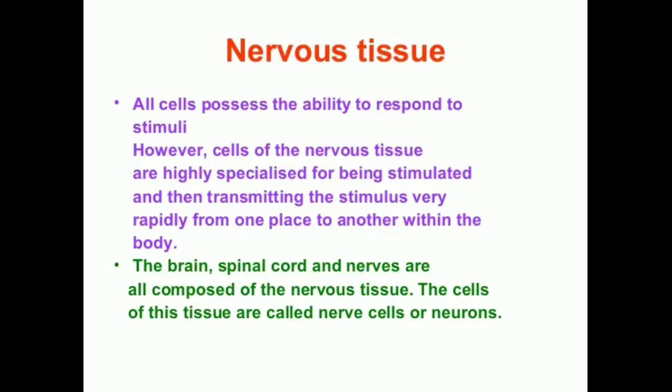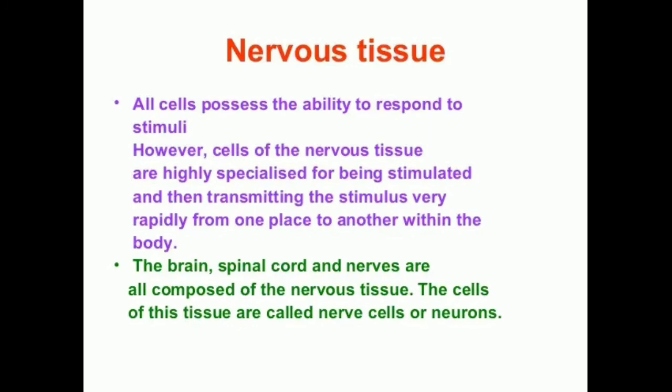So the heat in the hot pan is the stimulus which makes us respond, that is, withdrawing our hands. Nervous tissue is found in the brain, spinal cord and nerves.